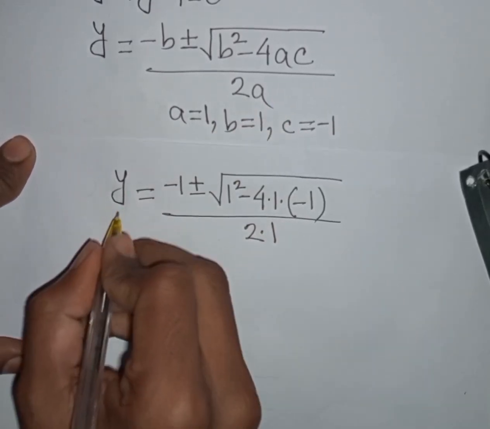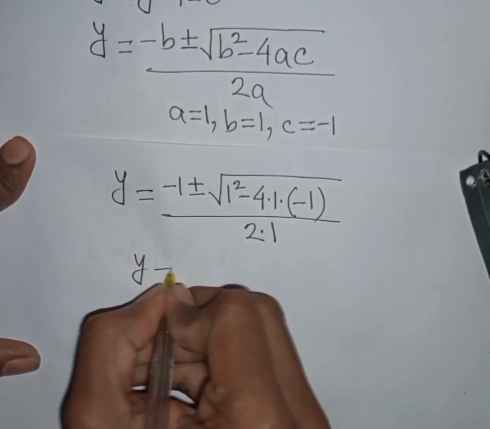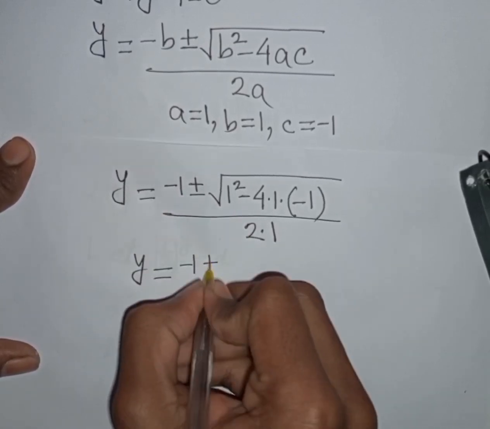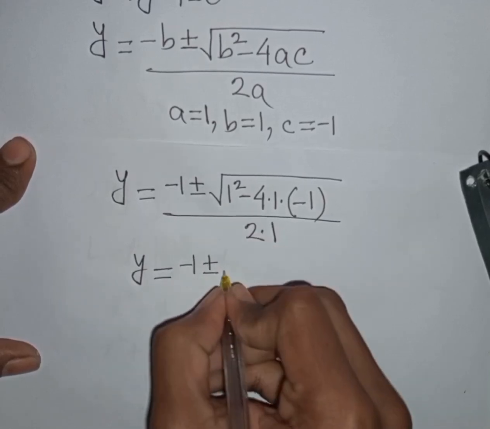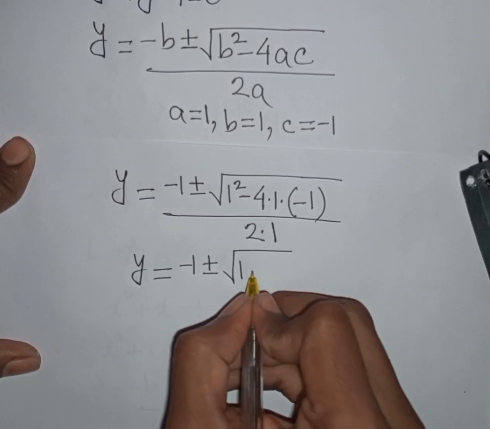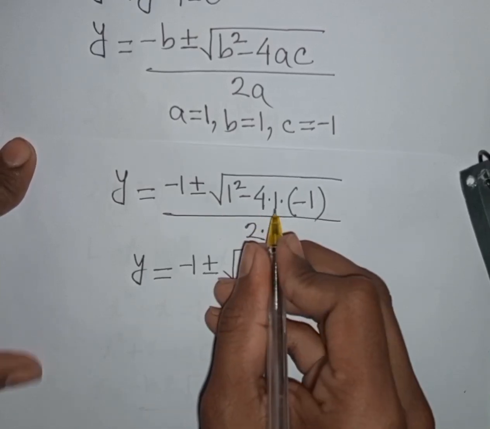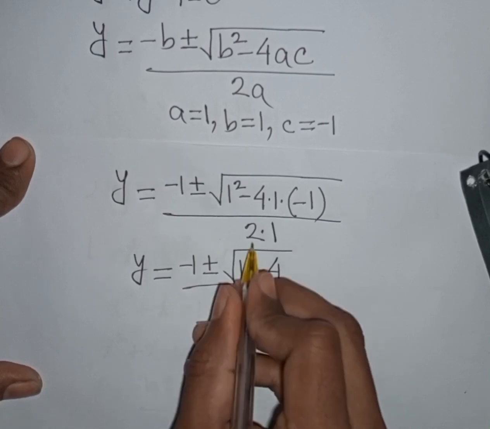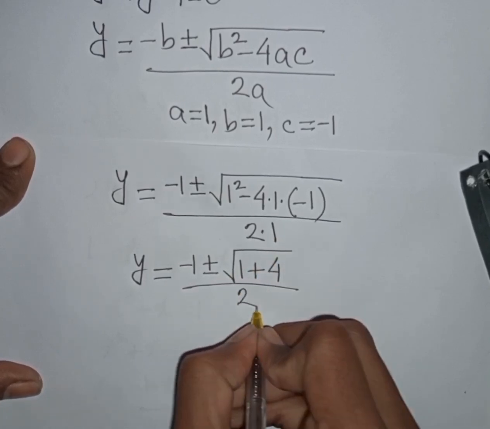Now I can write y is equal to minus 1 plus or minus the square root of 1 squared is 1, then minus times minus will be plus, 4 times 1 times 1 will be 4, divided by 2 times 1, that means 2.